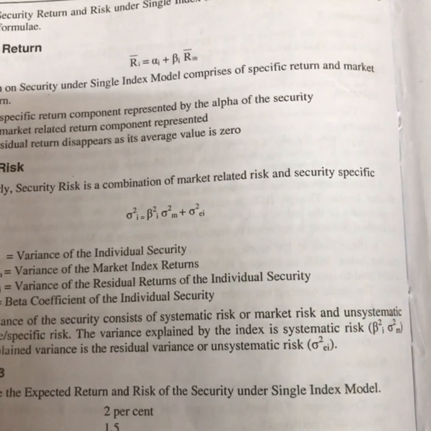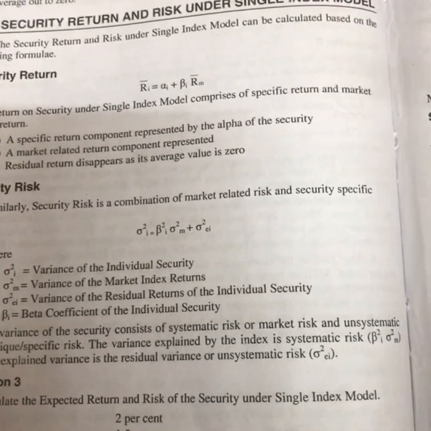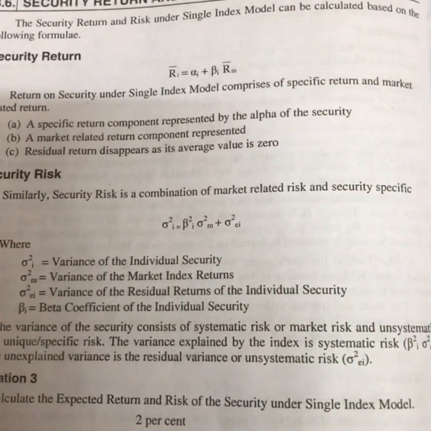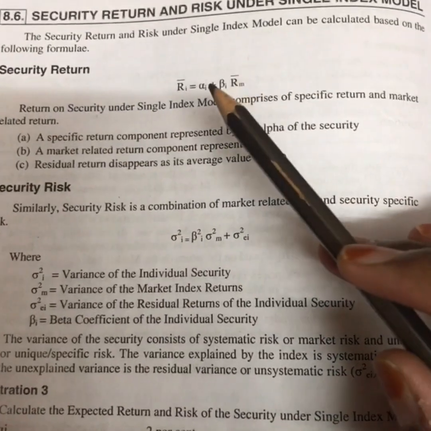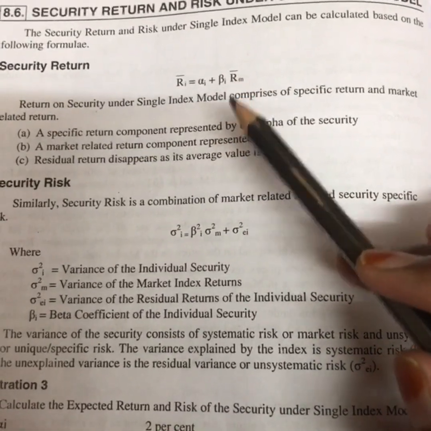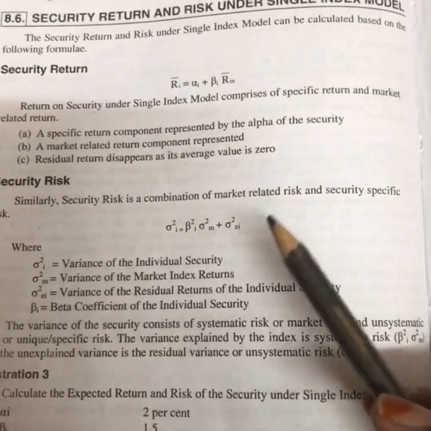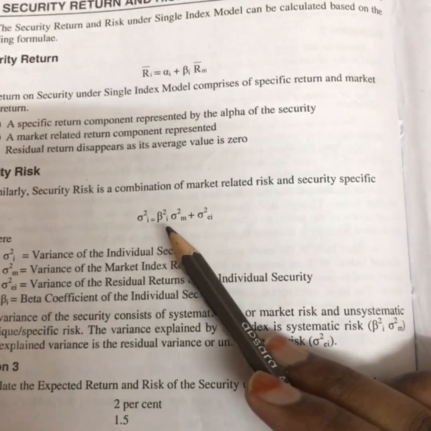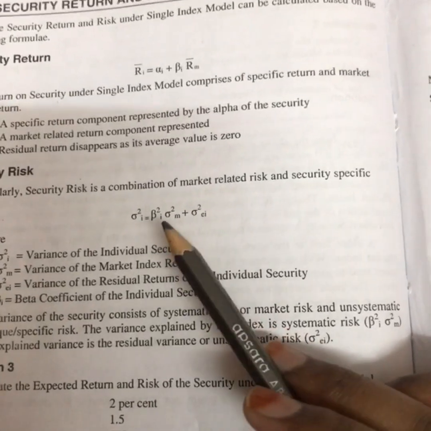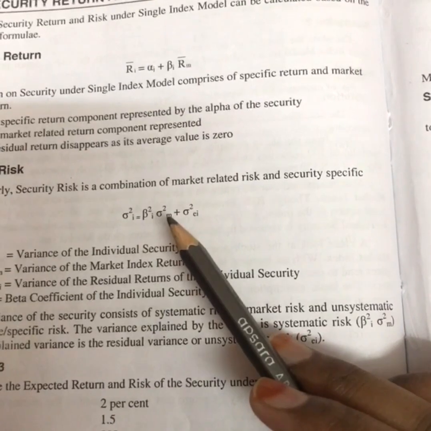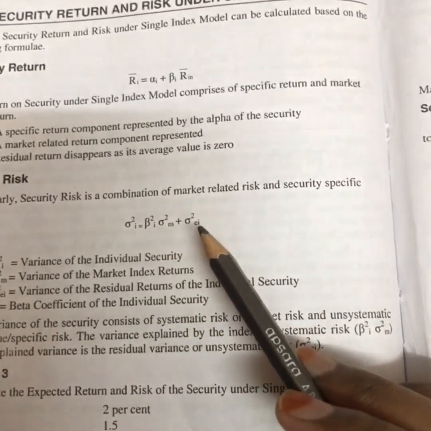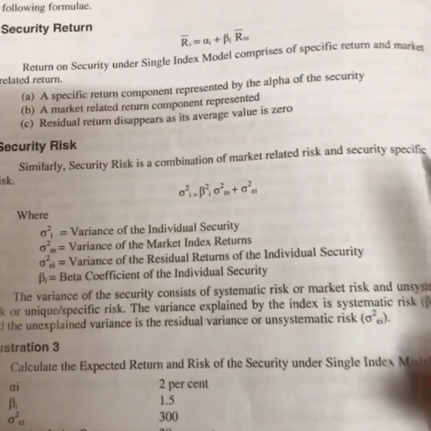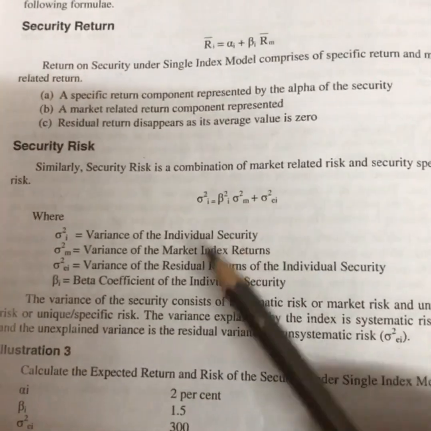All the values will be given in the question, and we substitute those values in these formulas. So security return Ri bar is equal to alpha i plus beta i Rm bar, and variance i is equal to beta i square into variance M plus variance Ei. Here they have given the expansion for the formula.